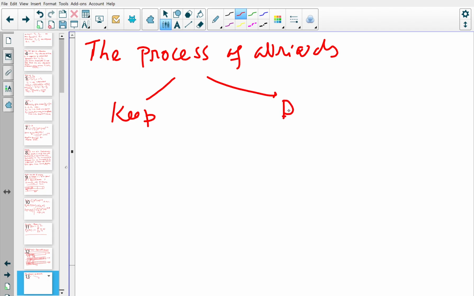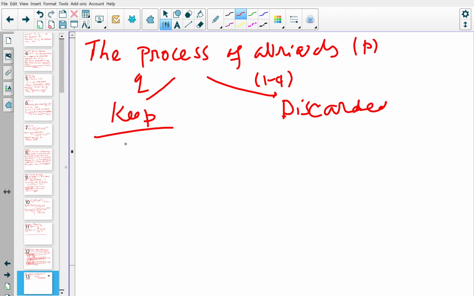So this keeping process is with probability q and this discarded is with probability 1 minus q, and originally the process was probability p.